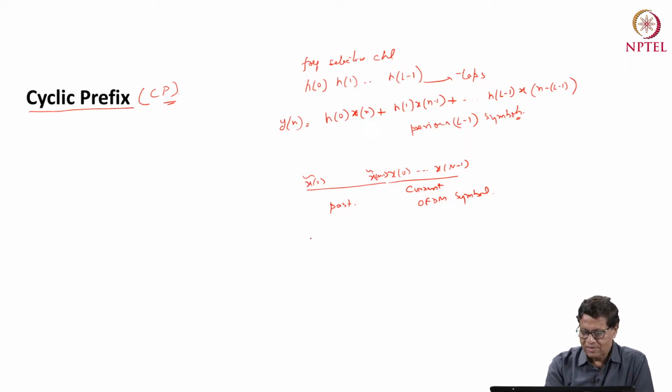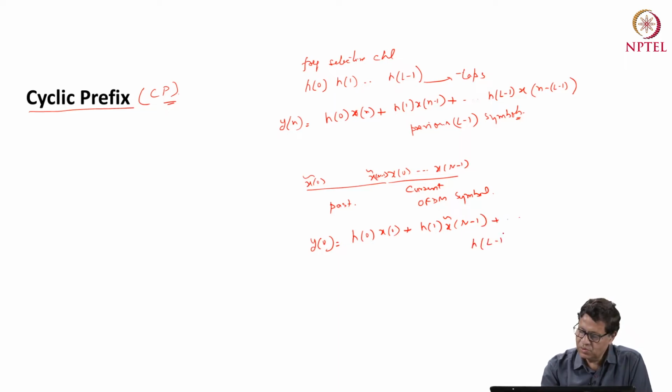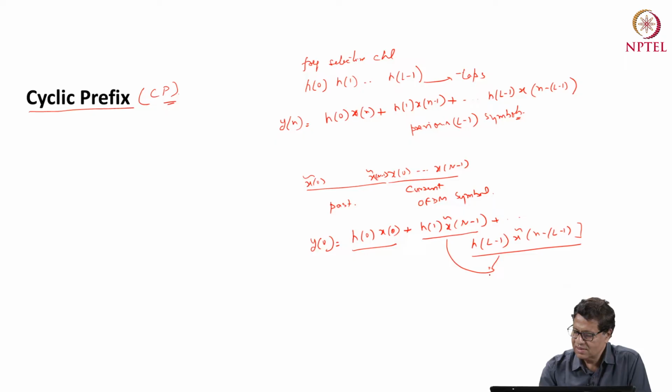If I calculate y0, this will be given by h0 x0 plus h1 x[N minus 1], so on and so forth, h(L-1) x[N minus L plus 1]. So basically this is your desired signal, but it also has interference.